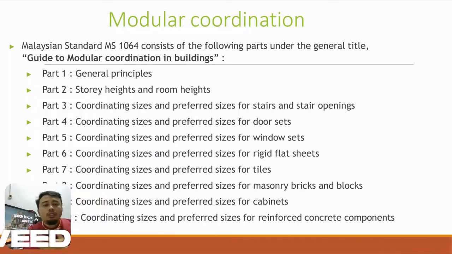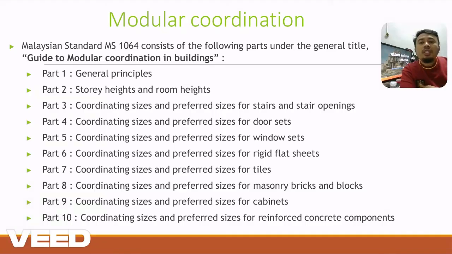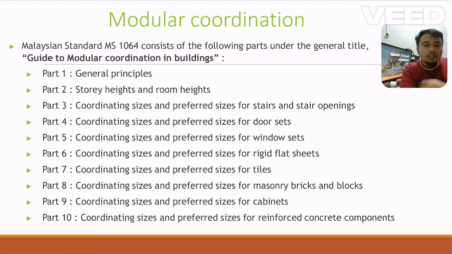So Malaysia has its own standard for modular coordination. We have, as we talked about before, MS1064. It's a comprehensive guide with 10 parts. The 10 parts cover everything from the story heights, and then part 3, you have stairs and stair openings. As we talk about MS, the modular coordination gives you the preferred sizes, and how you place your stairs between what reference system and so on.